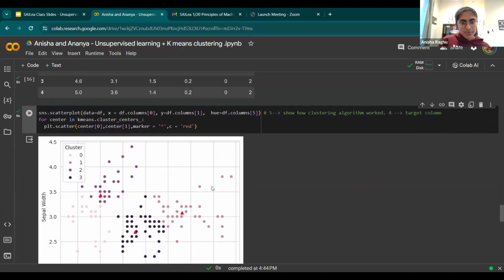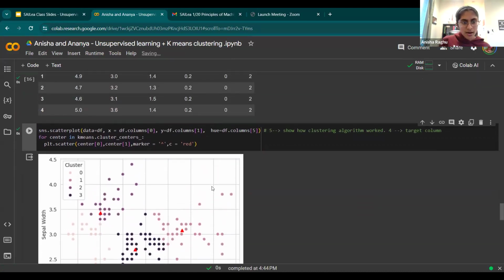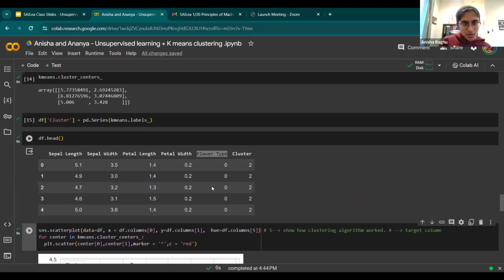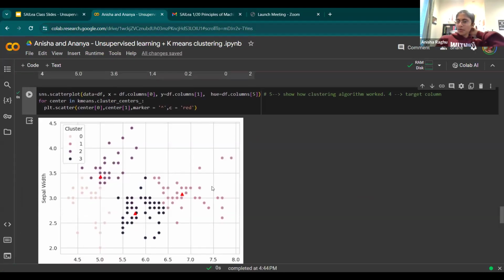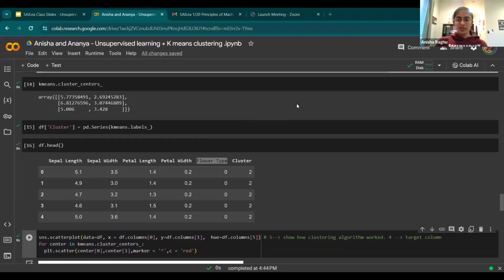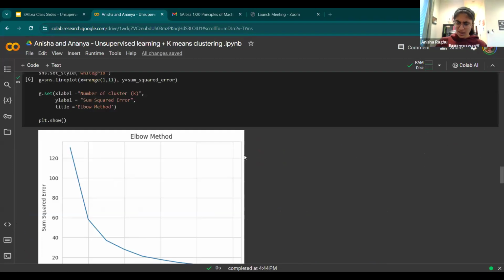So we see by looking at this that the clustering algorithm didn't perform that well because it doesn't look very similar to what we'd want it to look like.